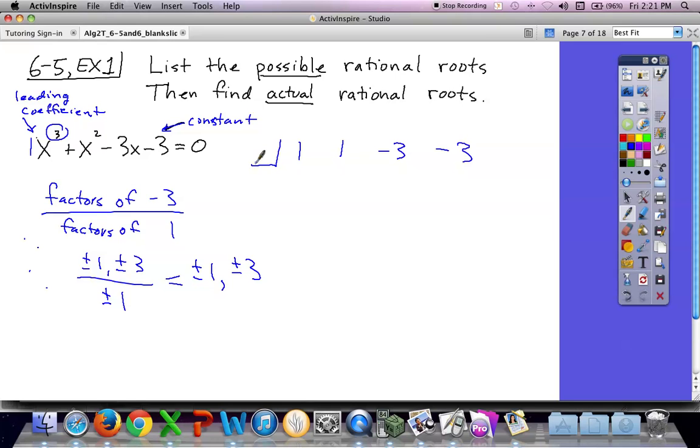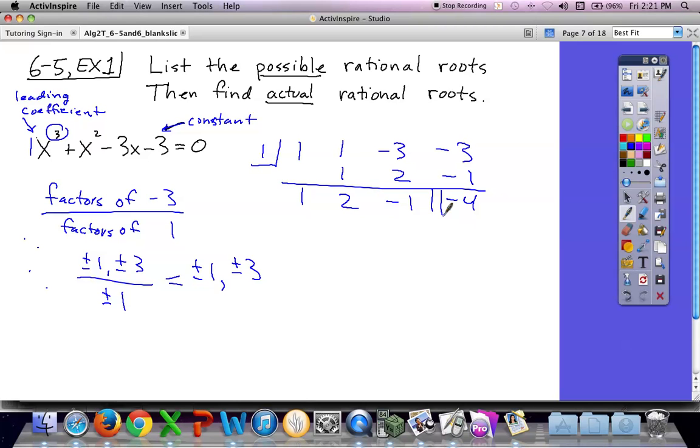I'll try 1 first. 1 times 1 is 1, add. 1 times 2 is 2, add. 1 times -1 is -1, add. Right? Is 1 a 0? No, because it didn't give us a remainder of 0.